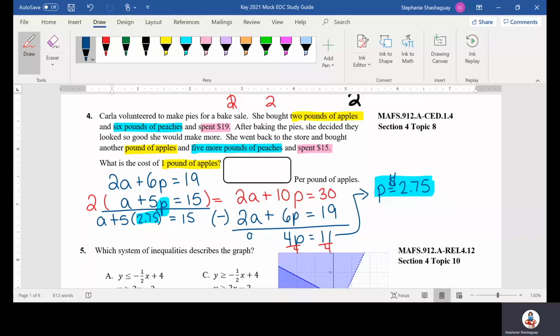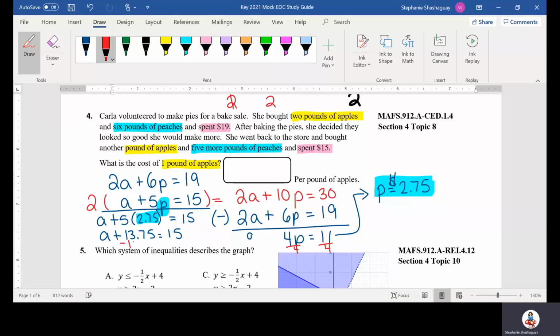Well, when I multiply 5 times 2.75, I get 13.75. So A plus 13.75 is equal to 15.